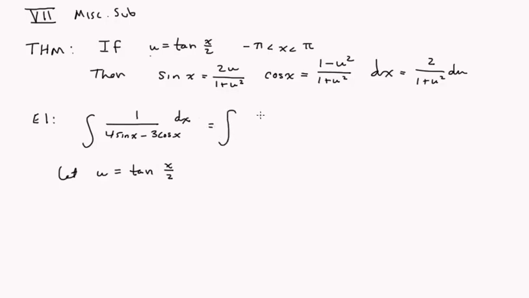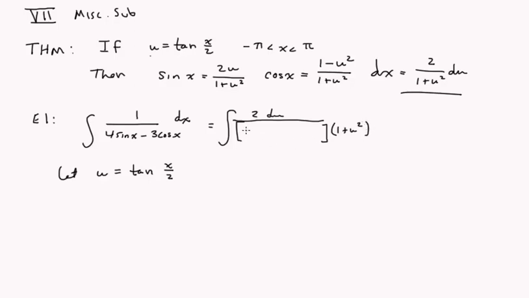So we have the integral. Okay, so dx is going to be this expression over here. So we have a 2 du, all over 1 plus u squared. Okay, so that's just taking care of the dx.